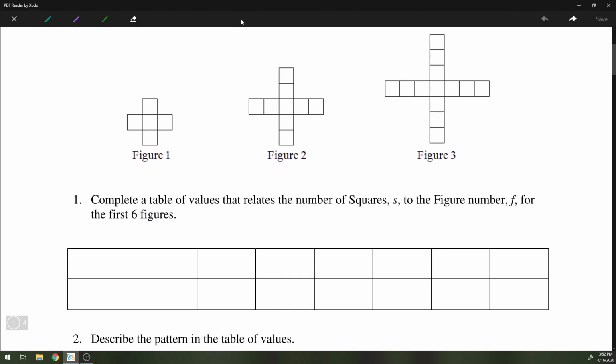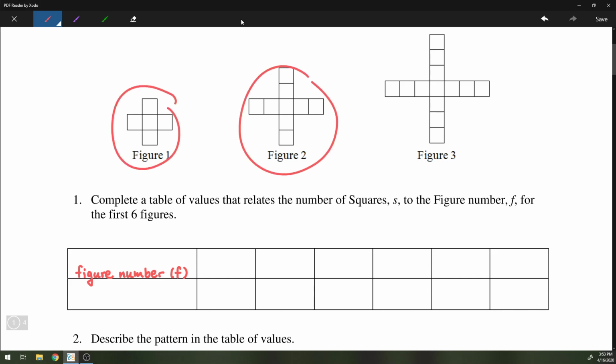For that, we'll use a table of values. The independent variable will be the figure number, so we'll put that in the top row, and we'll use the variable f for the figure number. You can see here we have figures 1, 2, and 3, and we will extrapolate to 4, 5, 6.